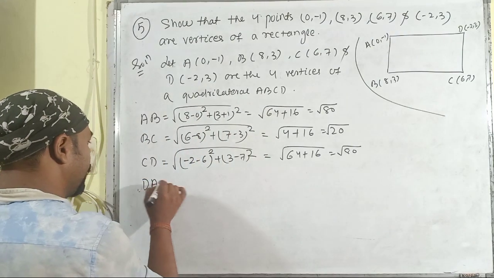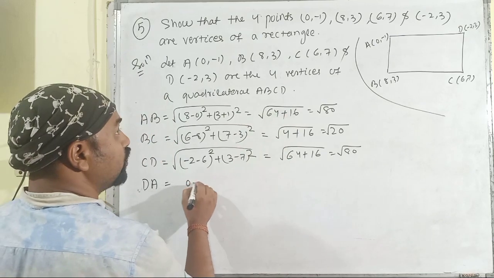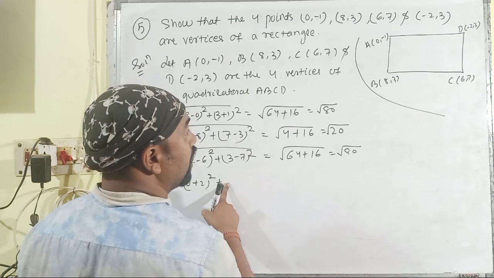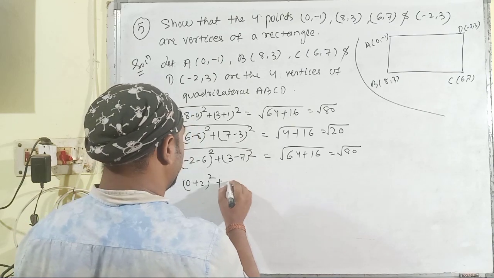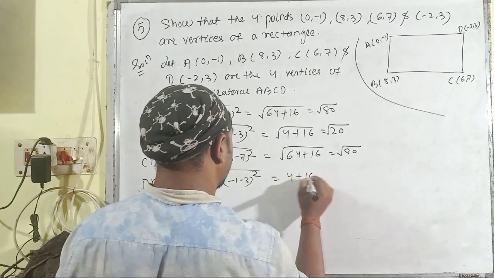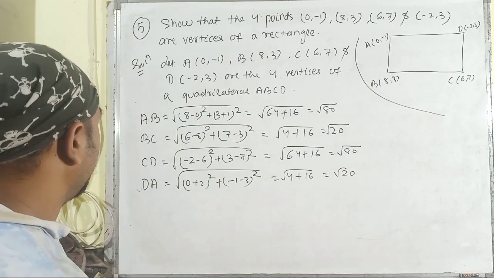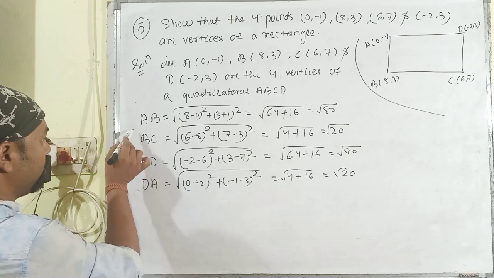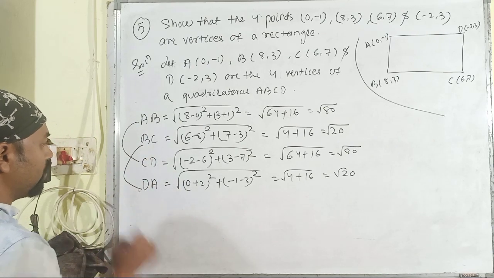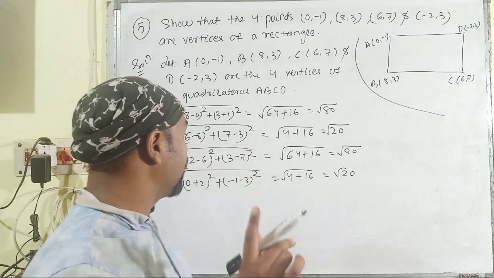Then DA, it is 0 plus 2, then plus square of minus 1 minus 3. So it is 4 plus 16. That means it is square root of 20. So here you can see that the value of AB is equal to the value of CD and the value of BC is equal to the value of DA. That means the opposite sides are equal here.